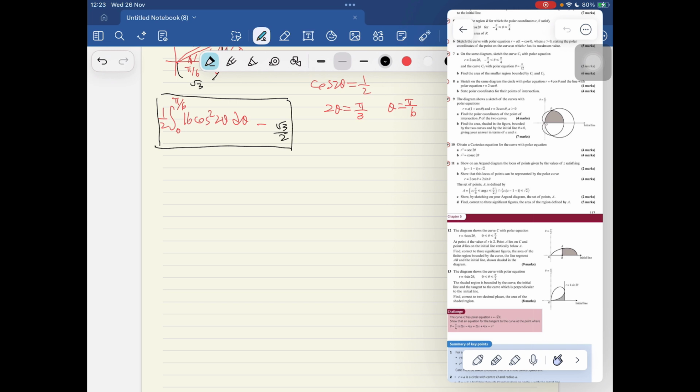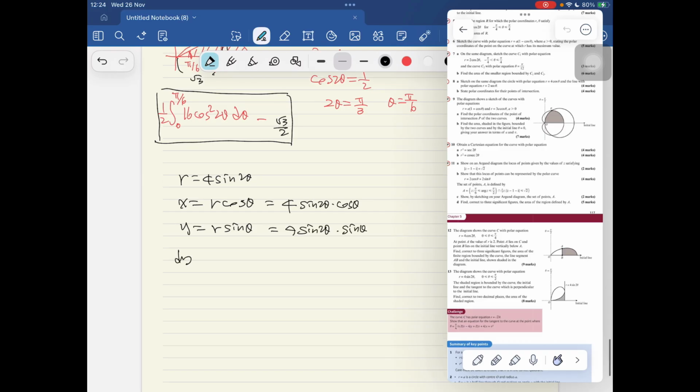So let's find the tangent line. r equals 4 sine 2 theta. x becomes r cos theta, so 4 sine 2 theta times cos theta. y becomes r sine theta, 4 sine 2 theta times sine theta. We need to find dy over dx, then dy over d theta over dx over d theta.